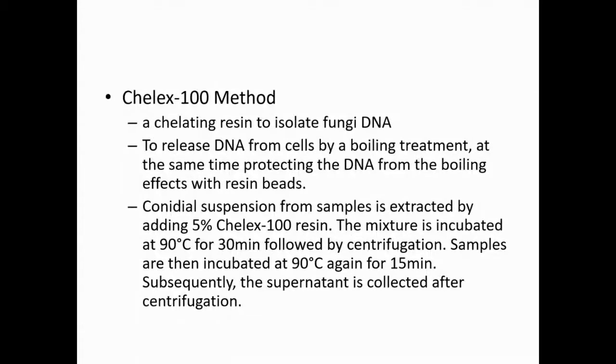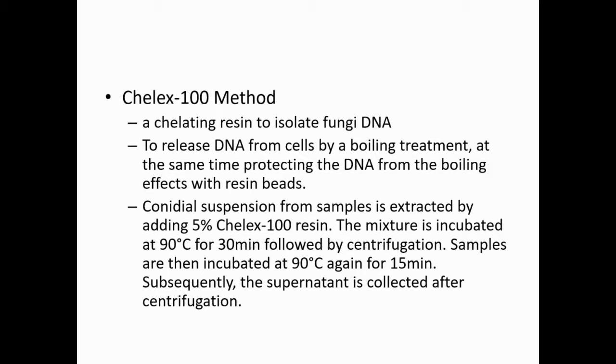Professor, are you talking about endospores, the heat-resistant structures? Yeah, for the fungal spore. How would you not denature the DNA if you're using a high temperature? That's why you use Chelex and the resin beads. They can protect the DNA.